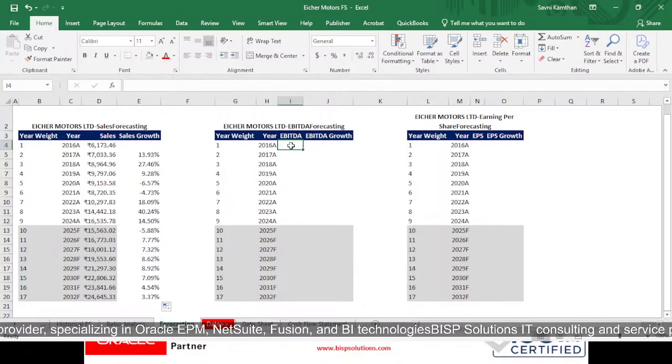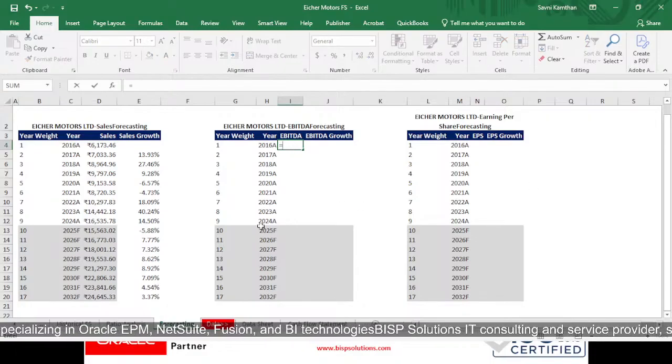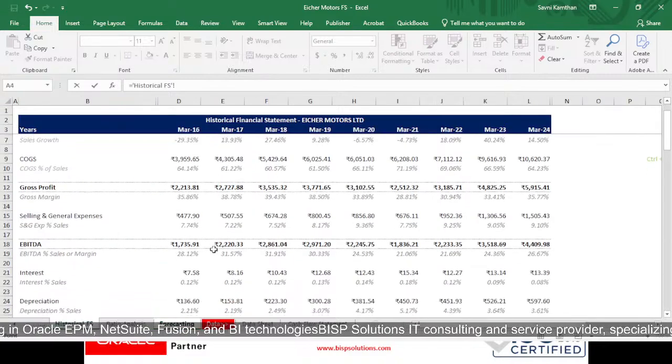Now I will be calculating my EBITDA. So for that I have already calculated in my historical financial statement.